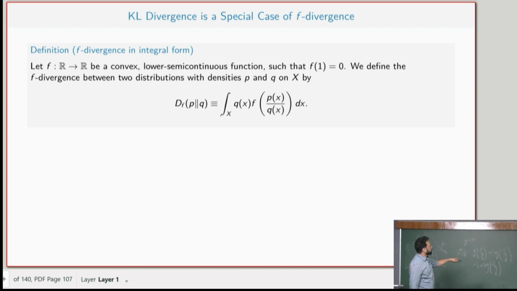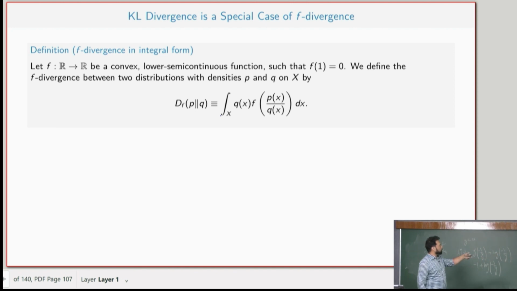You could essentially remove the integral and write a sum if it's a discrete setting, so it doesn't matter. We use those interchangeably. Expectation for a continuous random variable is given in terms of an integral, and for discrete it's written as a sum. So f-divergence we can define if f is convex and lower semi-continuous, okay, we have seen what is lower semi-continuous, such that f of 1 is 0. Okay, so basically if this is f, right?